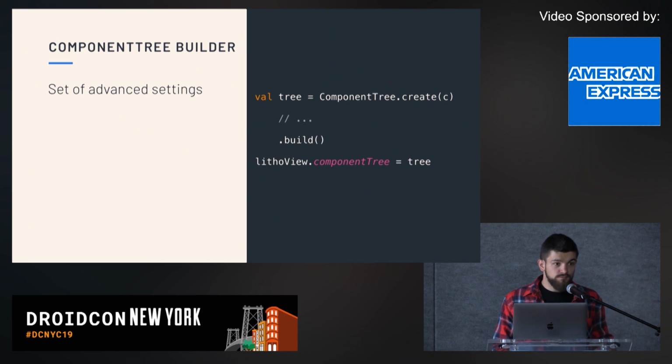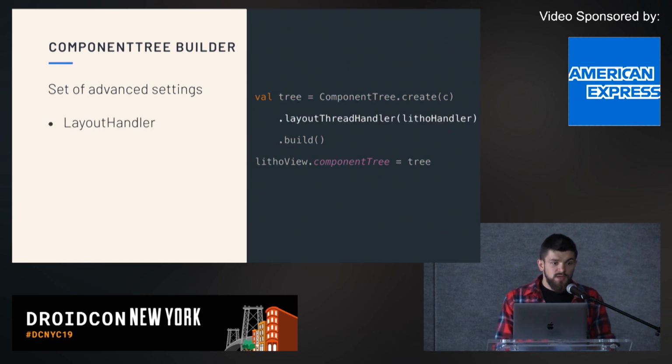We have ComponentTree and ComponentTree builder, where you can pass some parameters. I would like to highlight the two most important and most useful for you right now. One of them is layout handler. It's the handler where layout process is performed. As you remember, it is performed in the background by default.